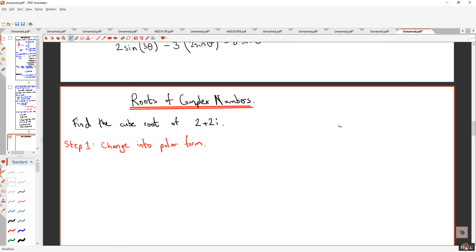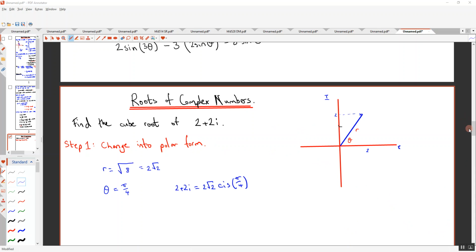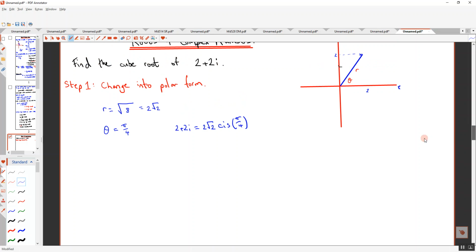Alright, so if you do that for me now, recording again. Okay, so once you get into polar form, we're going to, or step 2, is that we're going to add 2 pi n to the argument.